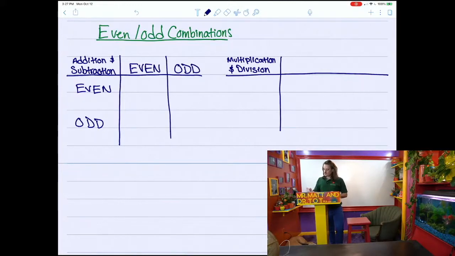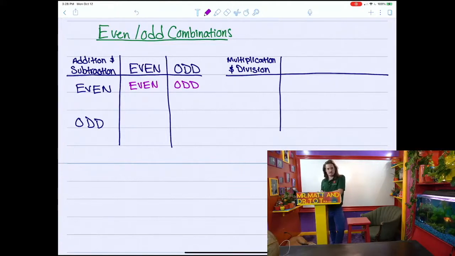Okay, so if we have an even and we add an even number, for example 2 plus 4, an even plus an even will always result in an even sum or an even difference. If you have an even plus an odd, that's going to result in an odd sum or difference. So like 3 plus 4 is 7.